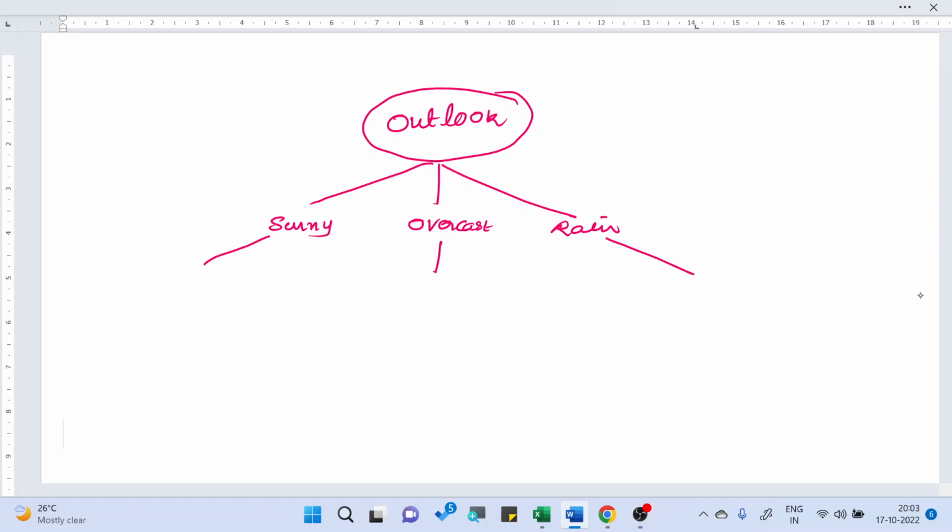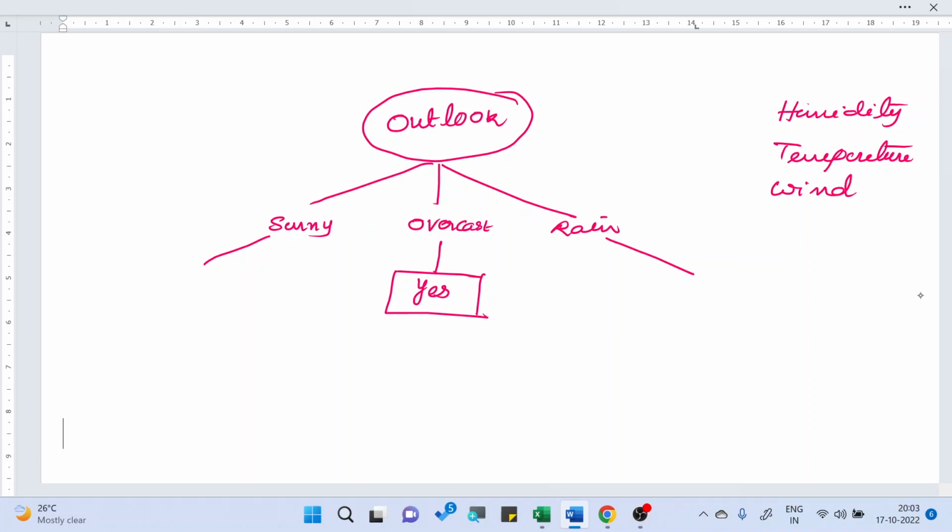Now when we come here, overcast has all positive examples, all 4 positive. That means here the decision is yes. Now the question is, we have 3 more attributes: humidity, temperature, and wind.